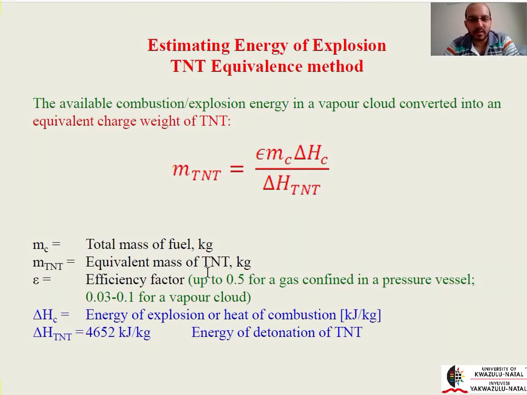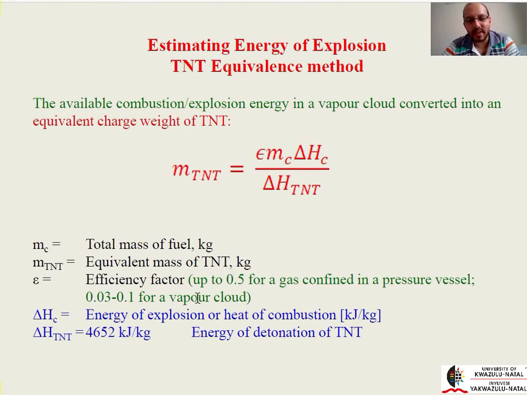For TNT, it's typically an efficiency of 0.5, which is as good as it gets. And you can also achieve that with a gas confined in a pressure vessel, particularly in a spherical pressure vessel. You'd get an efficiency factor of 0.5.